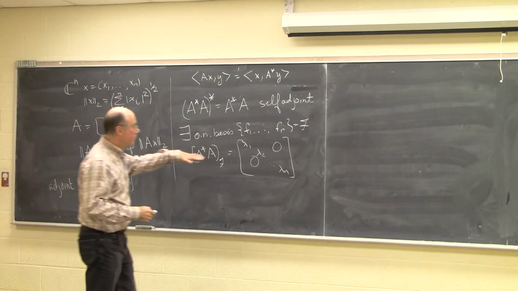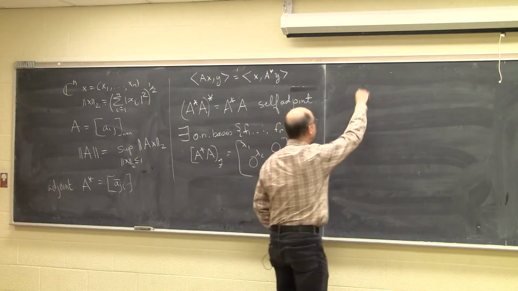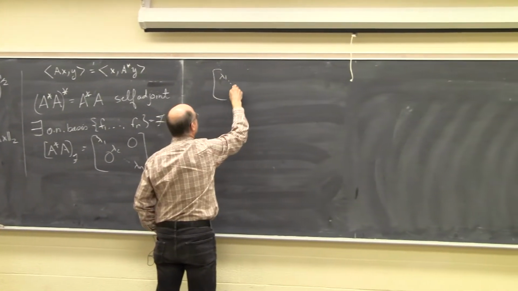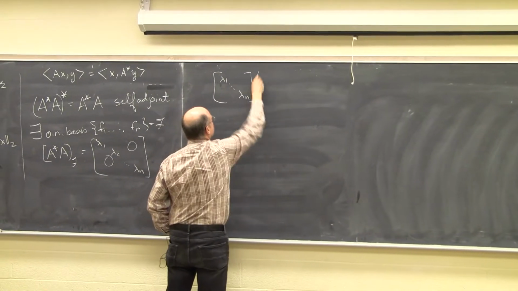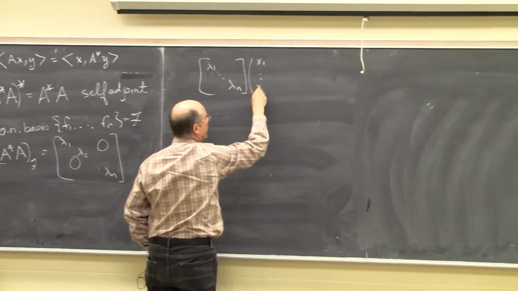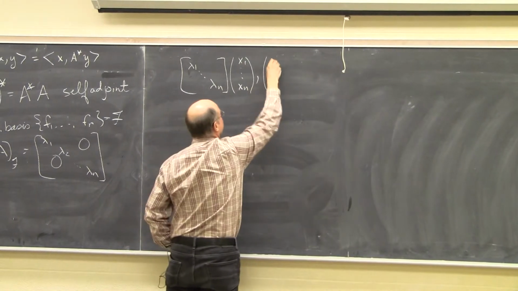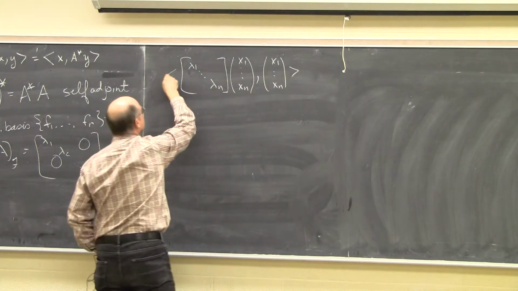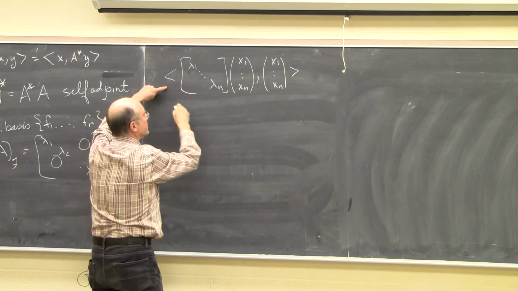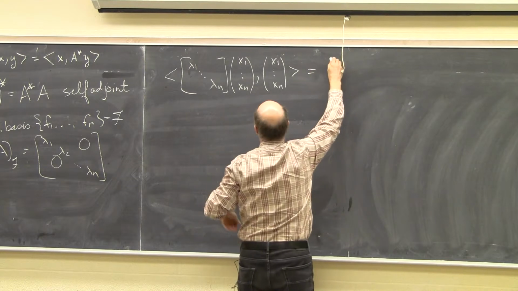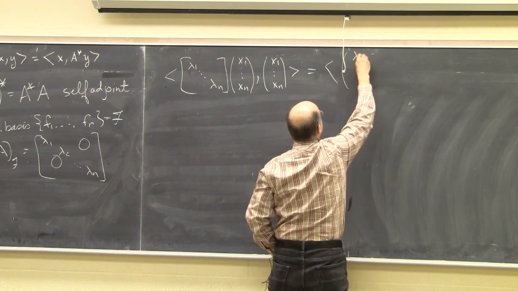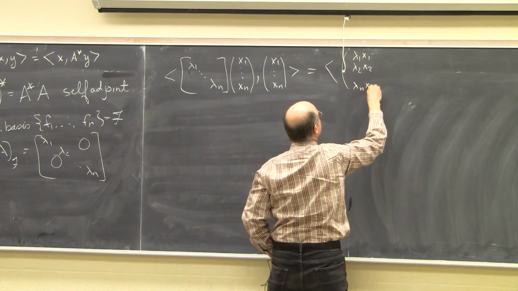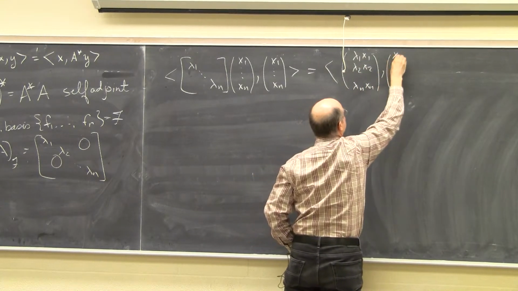Now if you have a self-adjoint matrix, right, if you take this lambda 1 down to lambda n, apply it to a vector x1 to xn, and take the inner product with x1 to xn, then that's just equal to the inner product of lambda 1 x1, lambda 2 x2, lambda n xn, with x1 to xn.